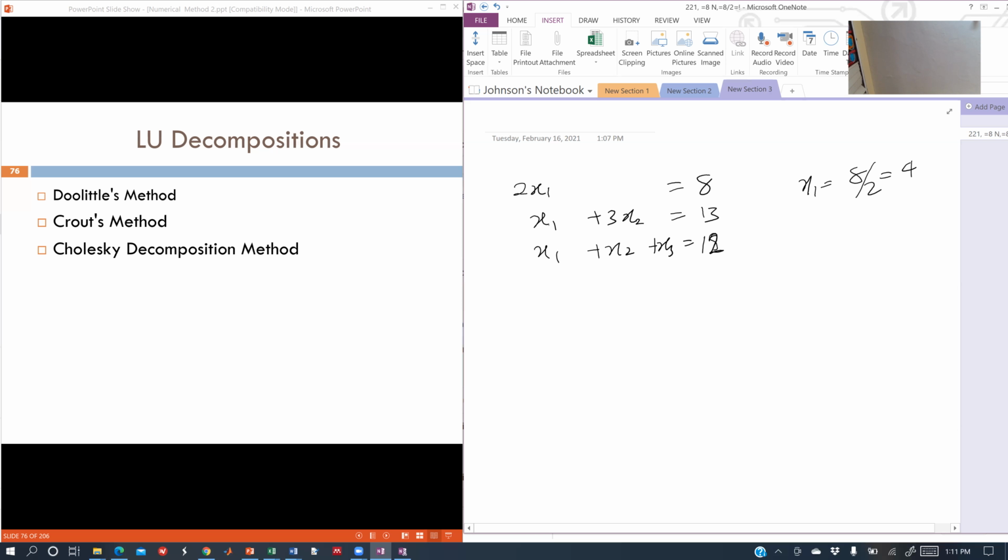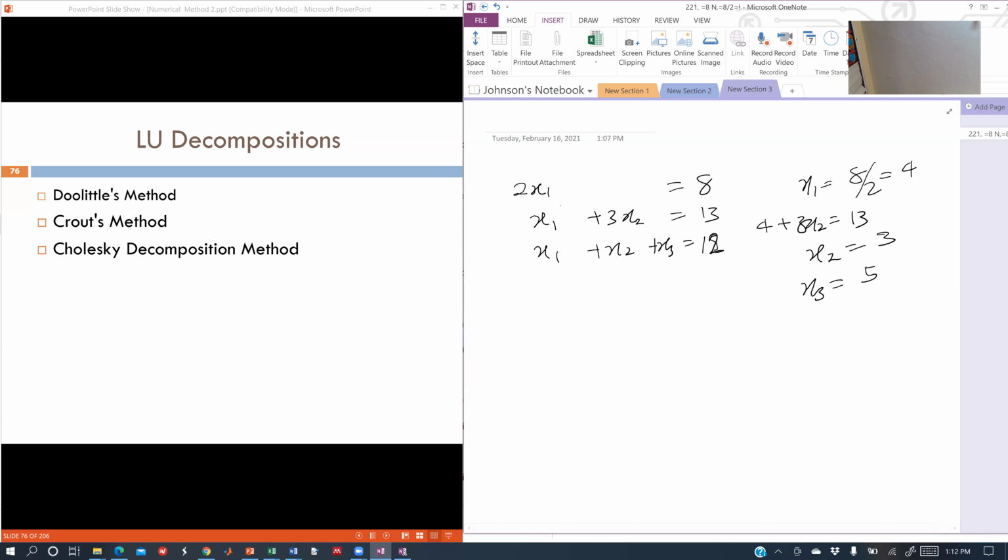I put my 4 here, and the second equation gives 4 plus 3x2 is equal to 13. When I subtract, I find my x2 gives me 3. Then when I substitute all of them, x3 comes out as 5. So you see that it is very easy to solve a system that looks like this.